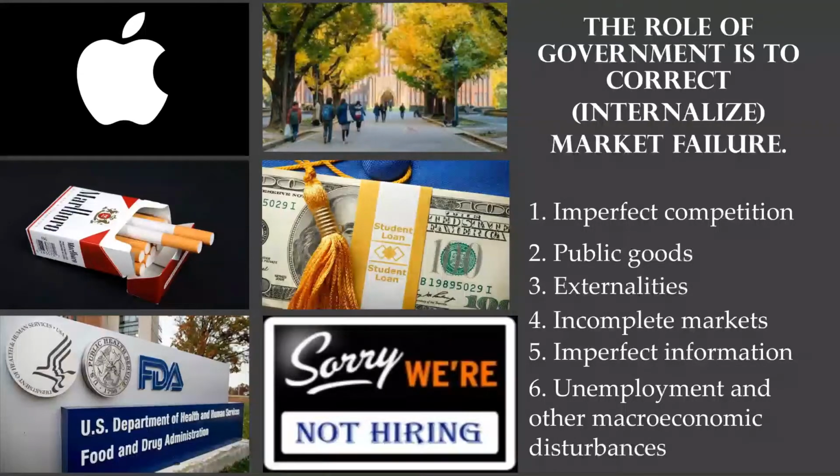And then you have something like externalities, right? Like the externality that is produced through cigarettes, for example, tobacco products. We know that these are dangerous and unhealthy. They cause cancer and other diseases. And so what does the government seek to do?